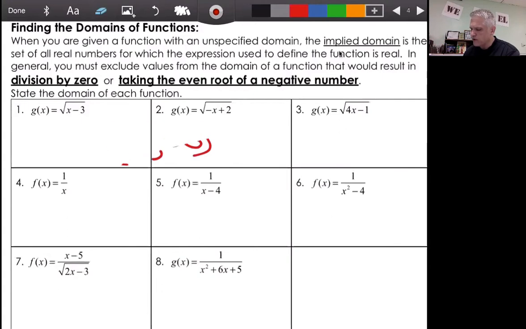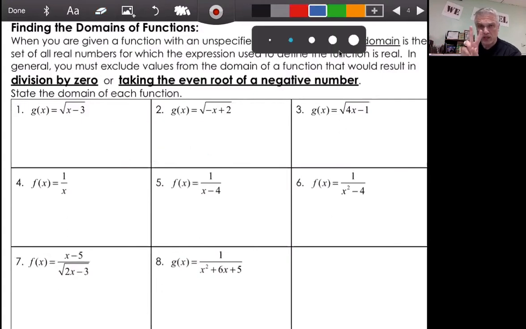A lot of functions are going to have -infinity to infinity. The only two things that can limit your function so that it's not any old real number. You say, well, what are you talking about domain of a function? Remember back at the beginning of this notes, domain means x values. What x values will give me a real number y value? That's all it's asking you.